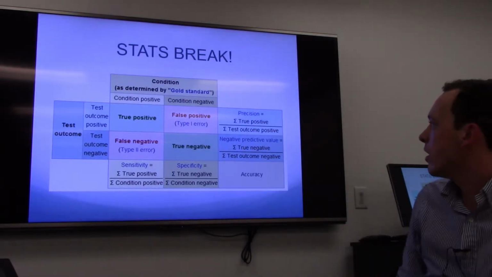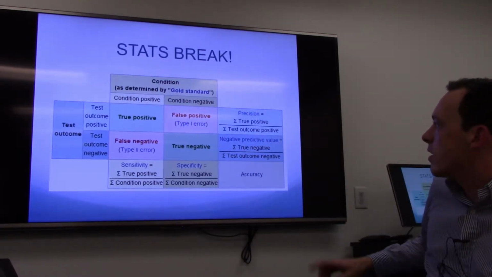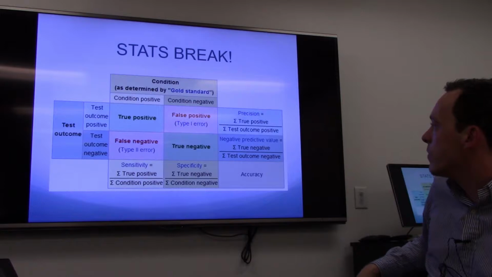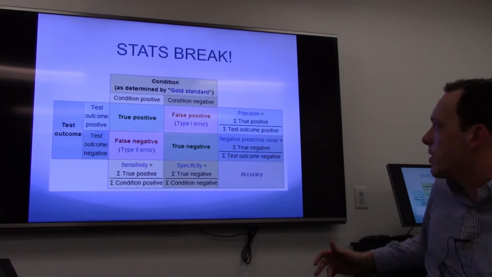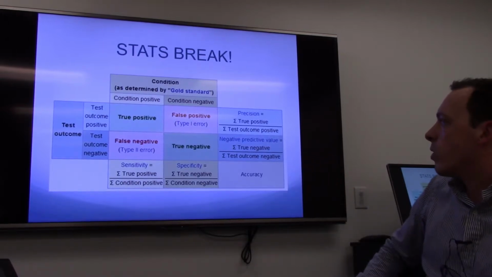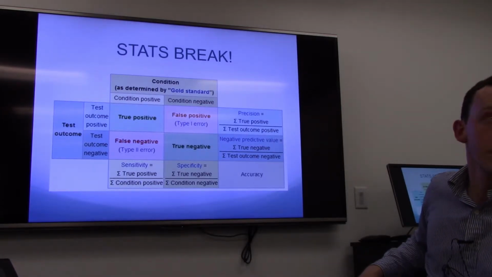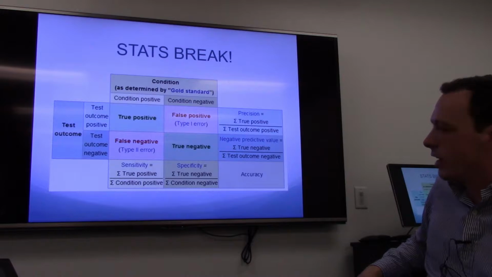In our standard 2x2 table here, we're looking at the green boxes, the true positives and the true negatives, over the total population. In this case, our gold standard would be arthroscopy, and our test outcome would be either the clinical assessment maneuvers or MRI testing on the left. And then you get an accuracy statistic.